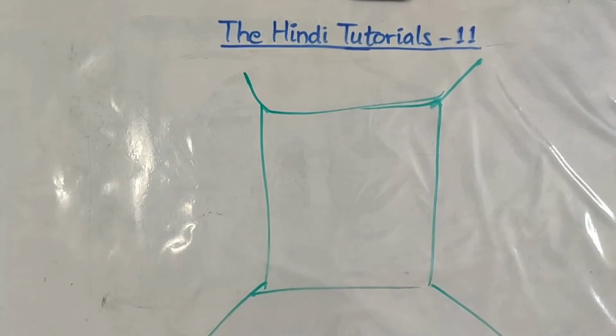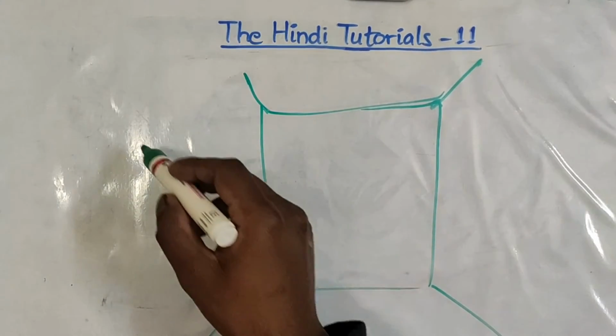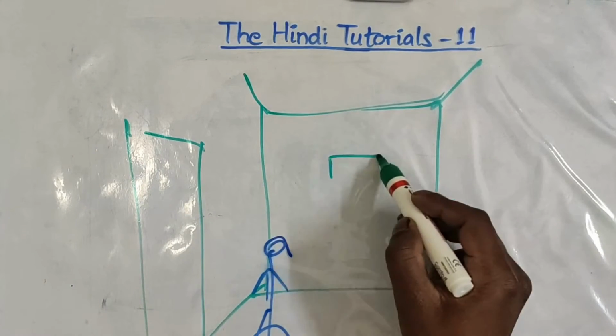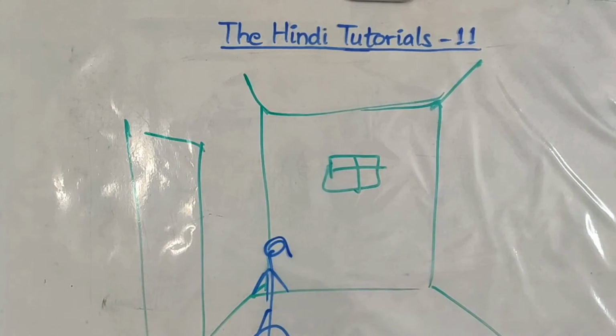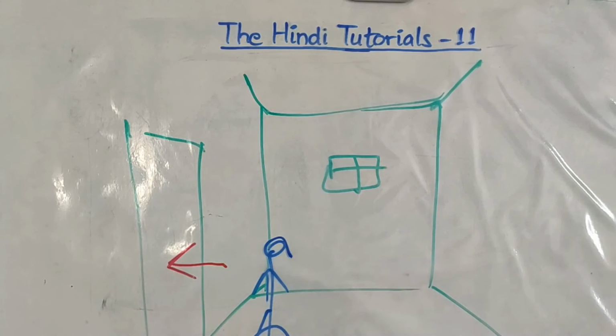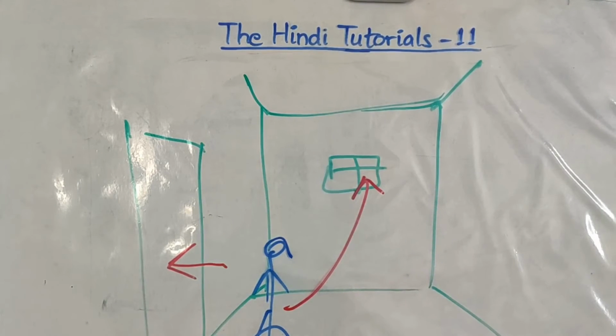Now again, suppose I'm in a room and this is the room. I am standing here and there is a door here, and there is a window. I will tell you, ये दरवाज़ा है. दरवाज़ा means door. And I will tell you, वो खिड़की है. Khidki means window.